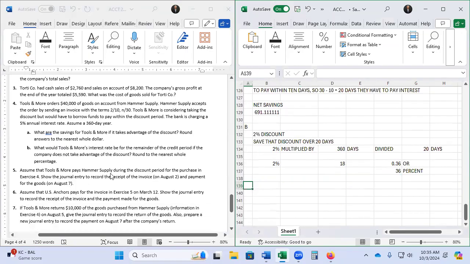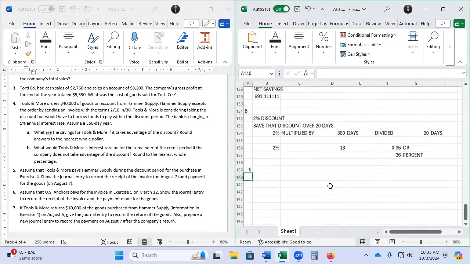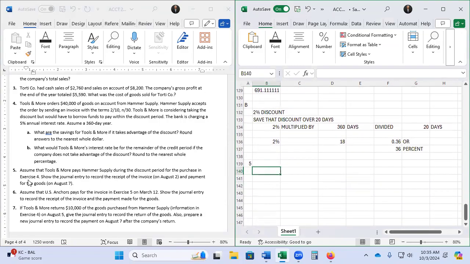So let's do 5 because it's related. And it says, assume that Tools and More pays Hammer during the discount period on the purchase in exercise 4. Show the journal entry to record the receipt of the invoice on August 2nd and payment for the goods on August 7th.